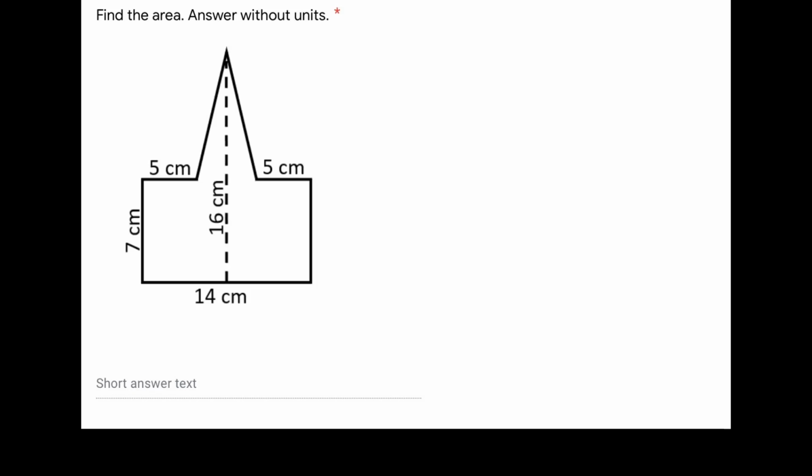Find the area, answer without units. First thing we need to do is separate this into 2 separate shapes. We're first going to solve the area of this shape. We know that the area of a rectangle equals our base times our height.